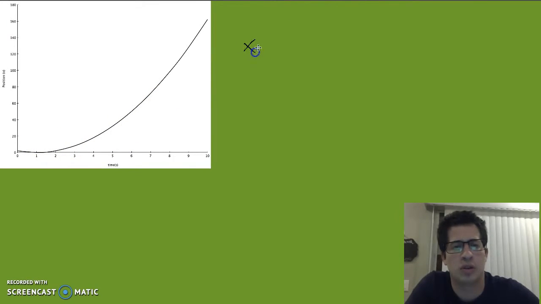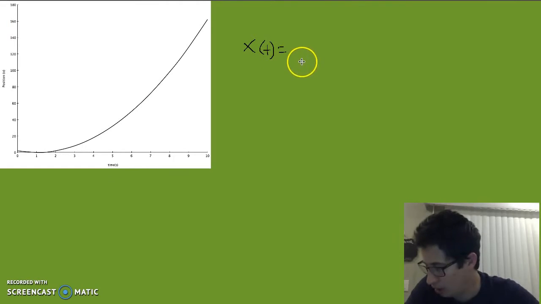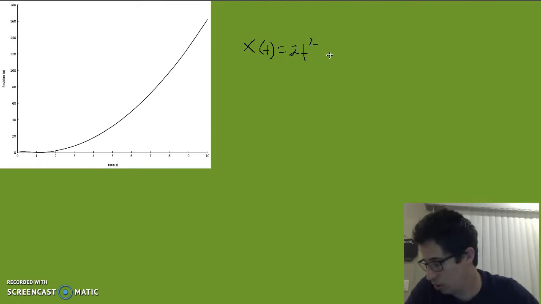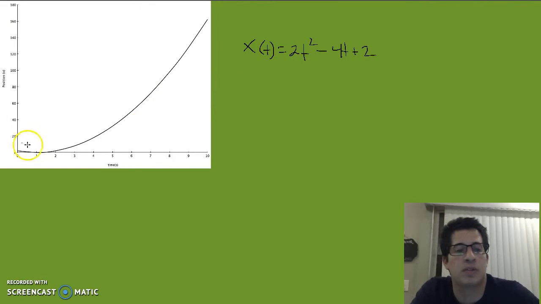The function for the position of this object could be written as 2t squared minus 4t plus 2.